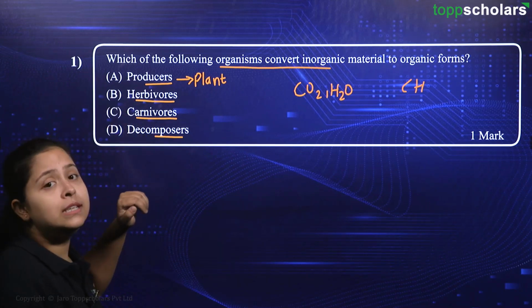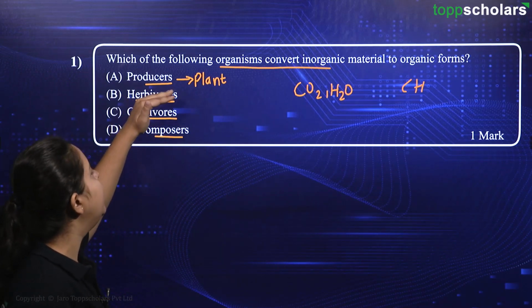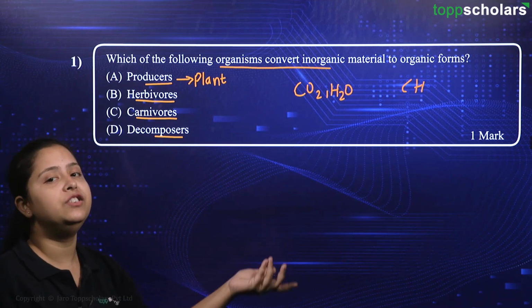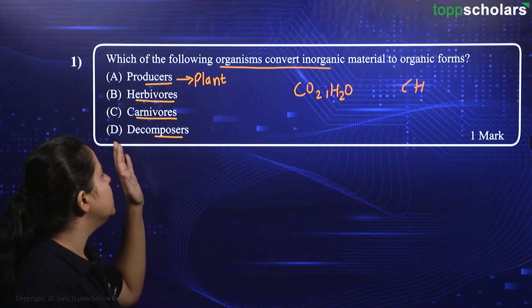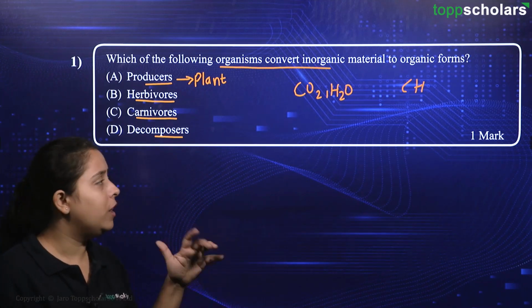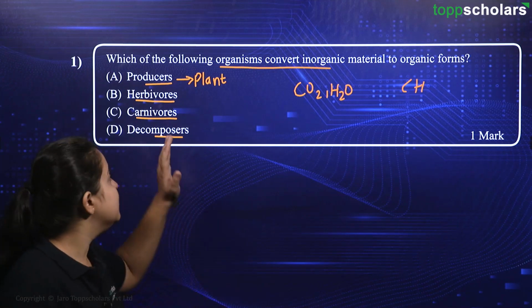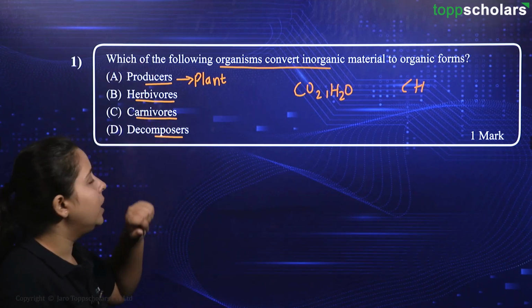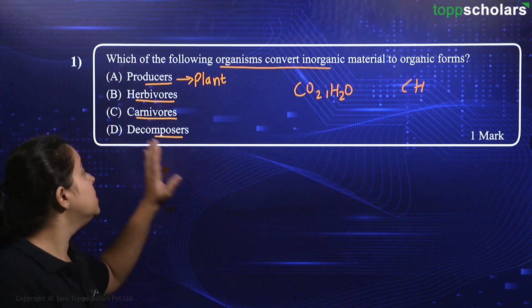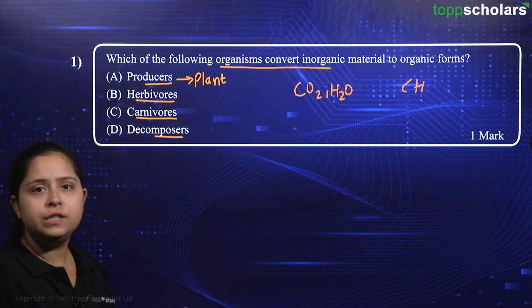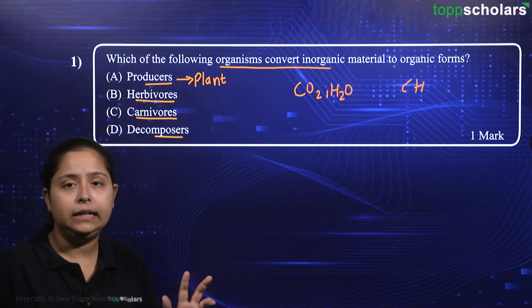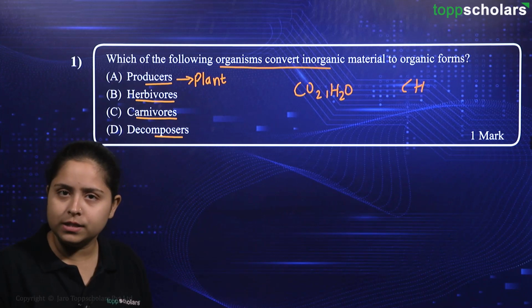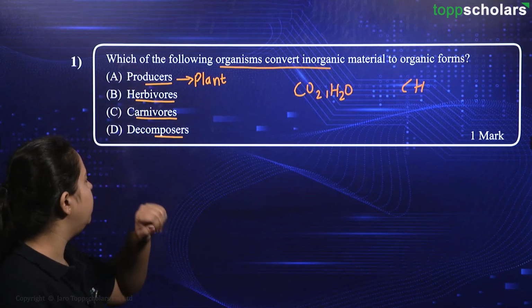What are herbivores? Herbivores are those who are depending on producers for their energy requirement. So say for example a deer or a giraffe is a herbivore. It is eating the plants. What are carnivores? Carnivores are those who are feeding on the herbivores. Say for example tiger, lion, eagle, these are all carnivores because they are eating the herbivores.